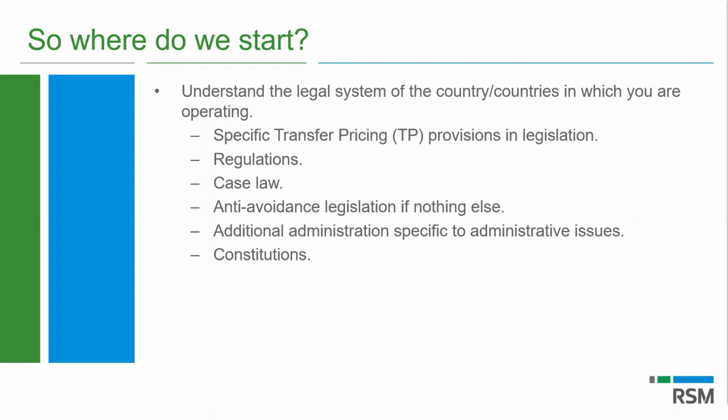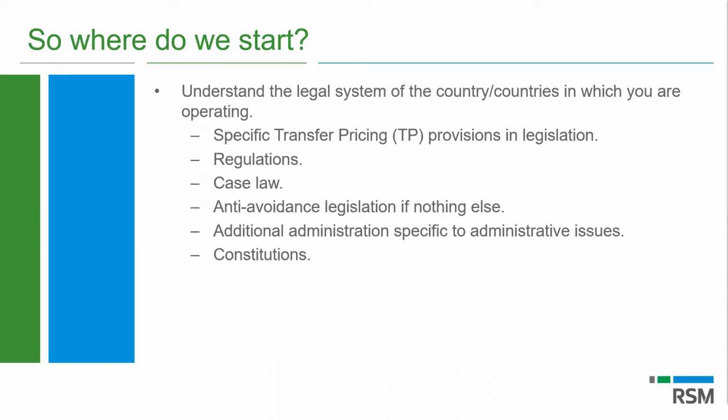And then if nothing else, there is anti-avoidance legislation, which may or may not apply. And then there may well be additional administration specific to administrative issues around the transfer pricing components. And then as a final point of reference, you may be required to look at the constitutions of the various jurisdictions you're operating in.